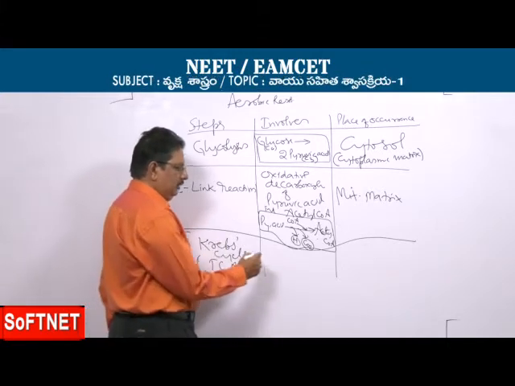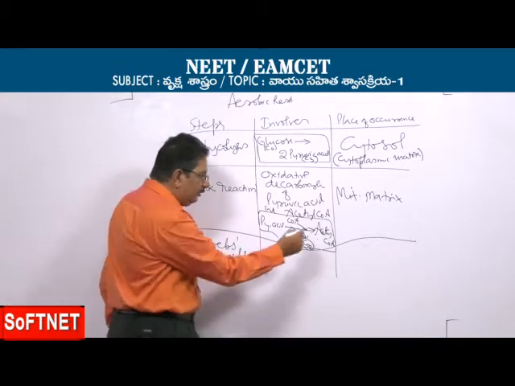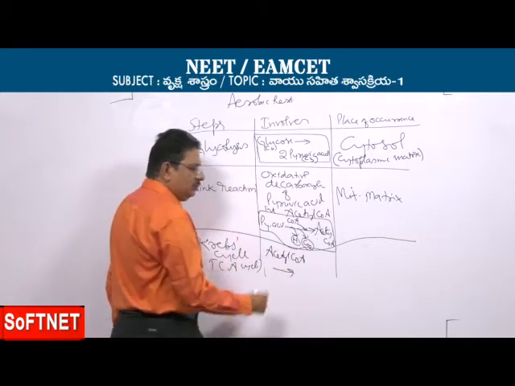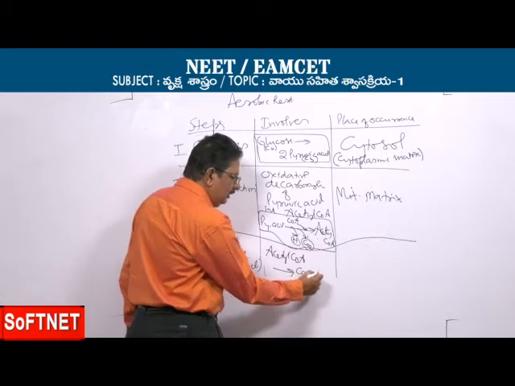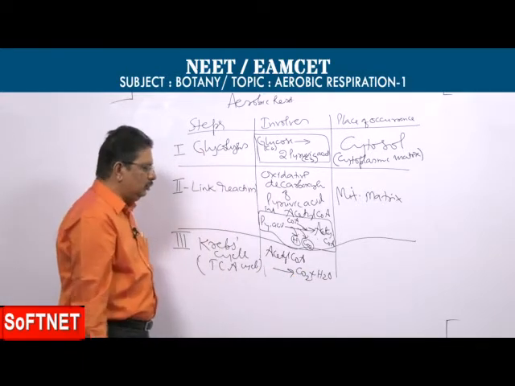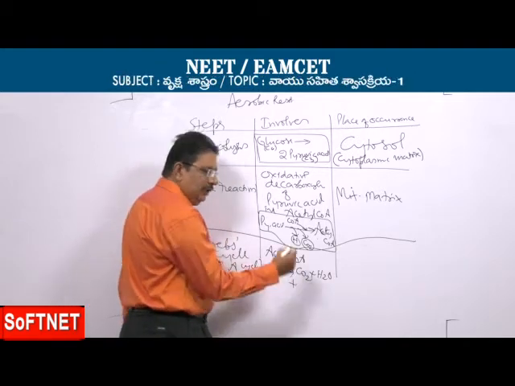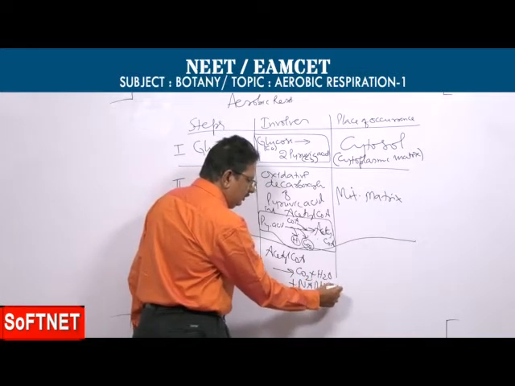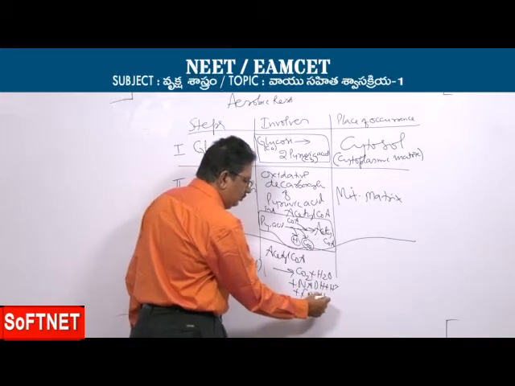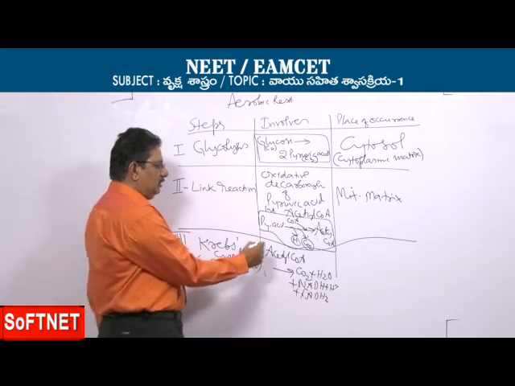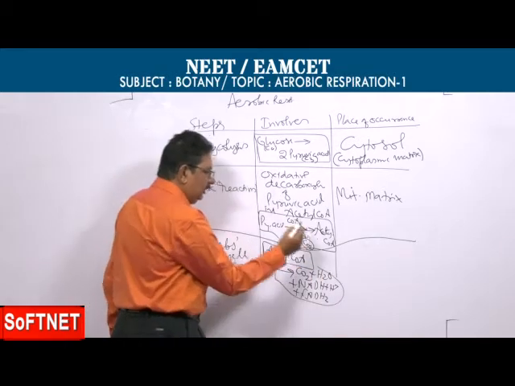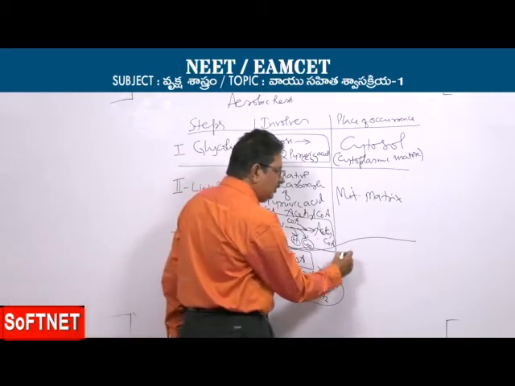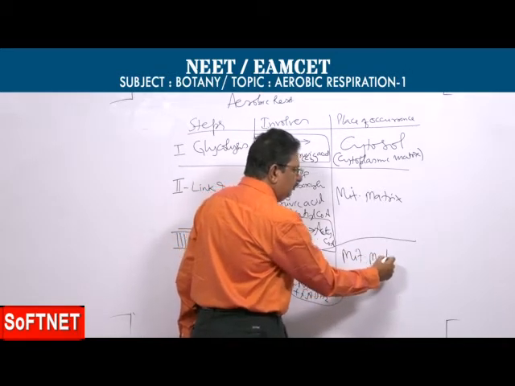During the Krebs cycle, the end product of the link reaction, acetyl coenzyme A, undergoes complete oxidation and decarboxylation into CO2 and water plus some reduced coenzymes like NADH plus H+ and FADH2. This process takes place again in the mitochondrial matrix.